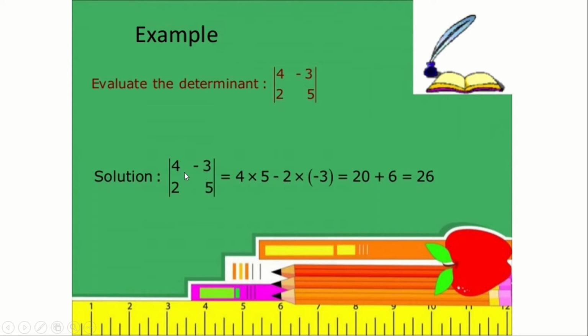The diagonal elements are multiplied first and then subtracted. 4 fives are 20. Here minus into minus is plus. 3 twos are 6. So 20 plus 6 is 26. So this is the way of determining it.